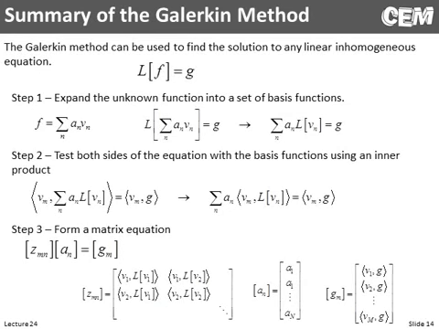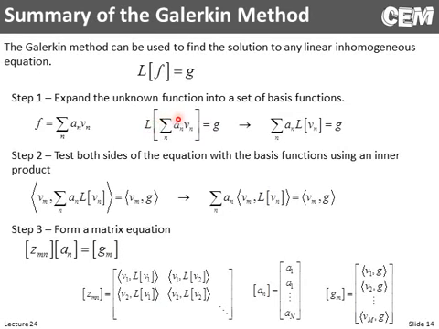So here's a quick summary of how you apply the Galerkin method. We start off with this linear operation. This is what we want to solve. This is what we want to put in matrix form so that we can solve it. The first thing we do is expand the unknown functions into our basis functions. So we expand f, and when we plug this expanded f back into our linear operation, we end up here. We switch the order of the operations.